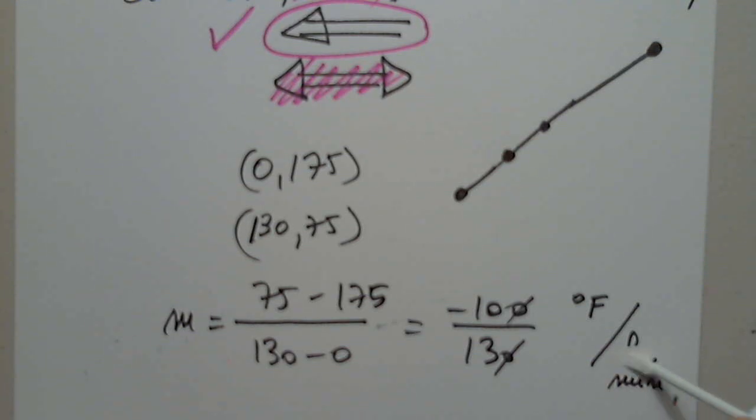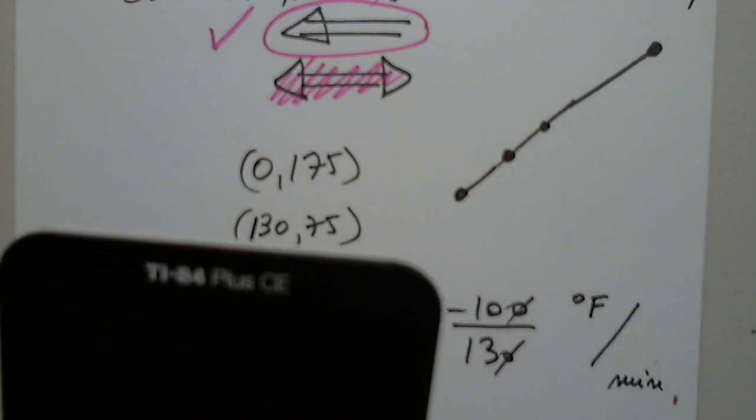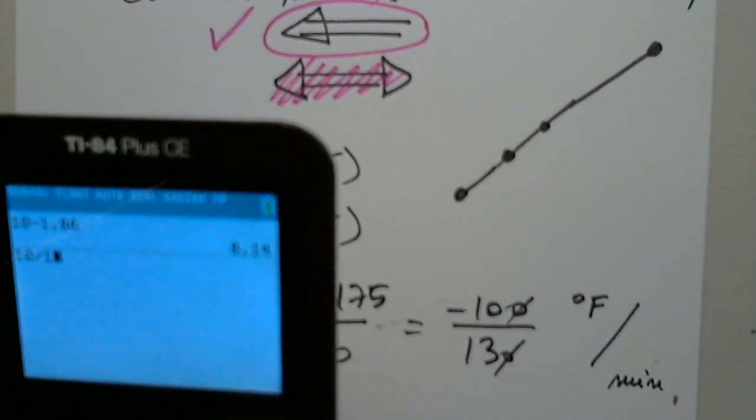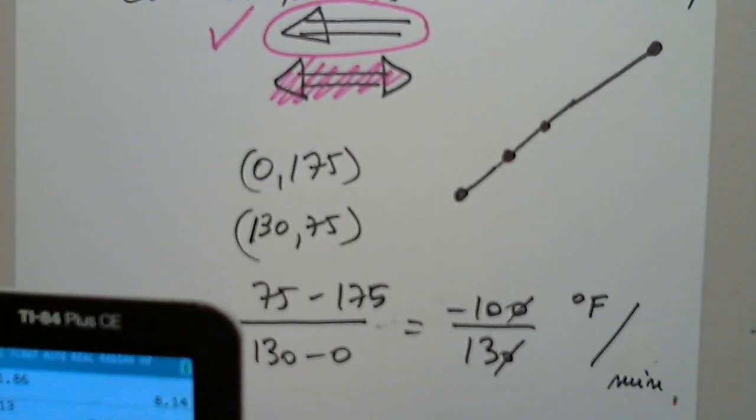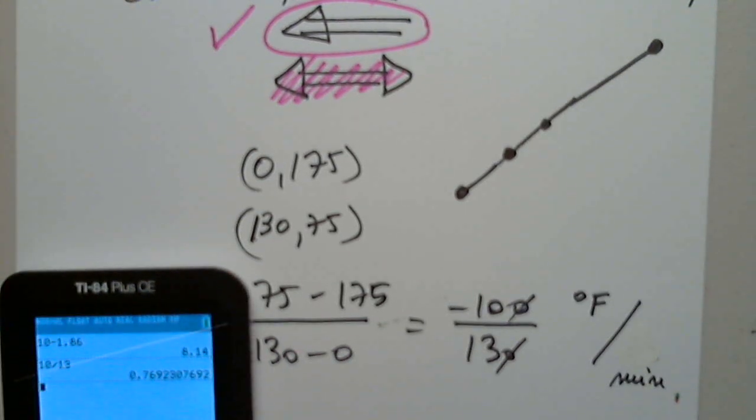So at that moment, at P, the instantaneous rate of change, how fast is it changing? 10 divided by 13, roughly negative 0.77 degrees per minute.